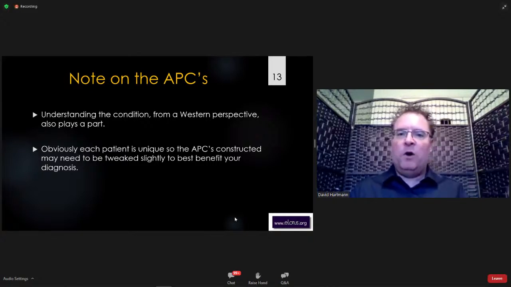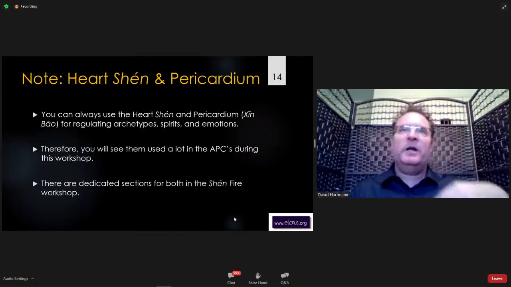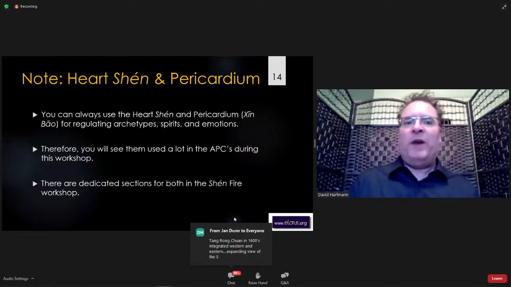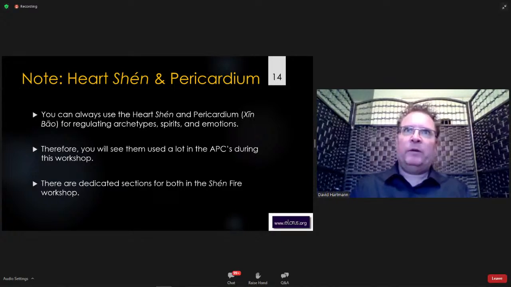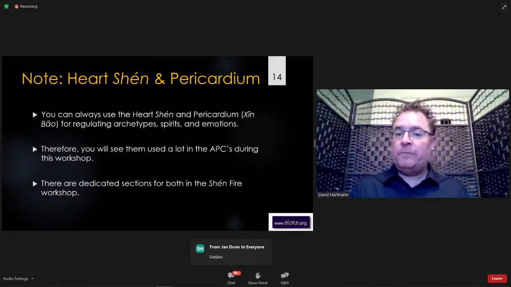So you'll take the slides that have the point combinations and you'll decide whether you want to edit it or keep it as is. The heart, Shén, pericardium are obviously very important, and there's lots of point combinations with heart and pericardium points. And if you needed to know more about each of those, then the Shén Fire workshop is the one you need to read a bit more on.